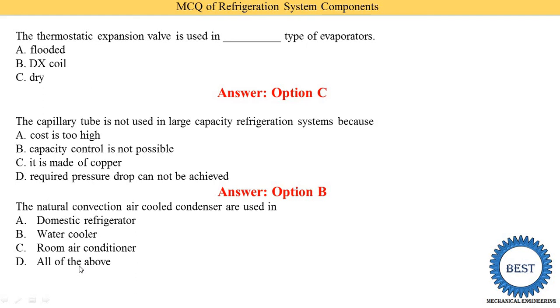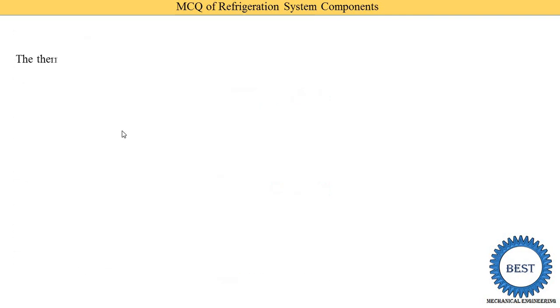In a water cooler, a fan is used. In an air conditioning unit, a fan is used. In an air conditioning unit, you see the outdoor unit, which has one fan that removes the heat from the condenser. In a water cooler, the fan is also provided. These have forced air circulation. But in a domestic refrigerator, no fan is provided, which means it is natural convection. So option A is the correct answer.